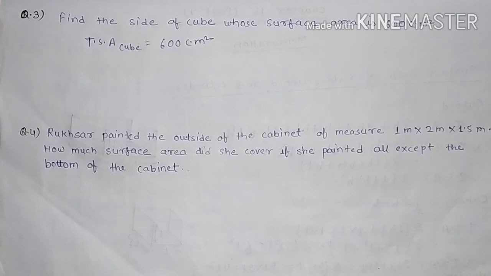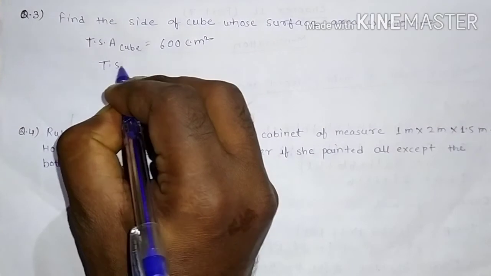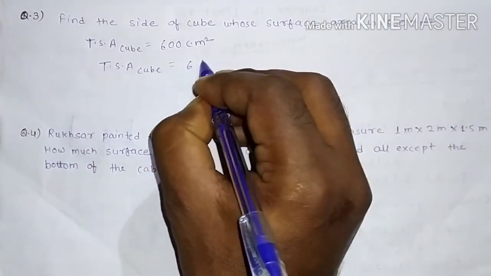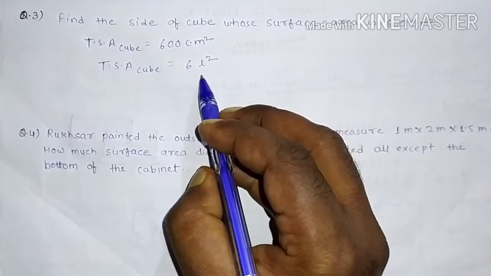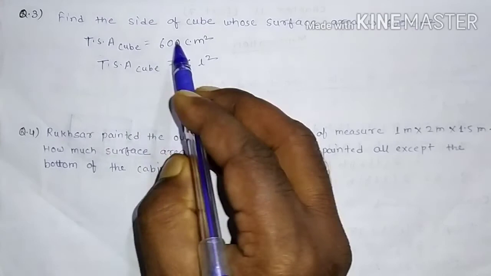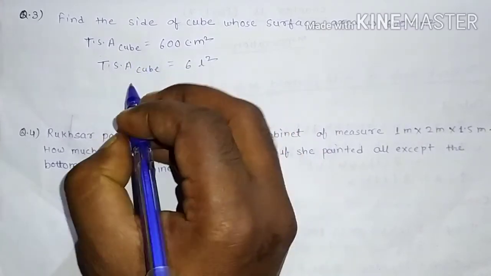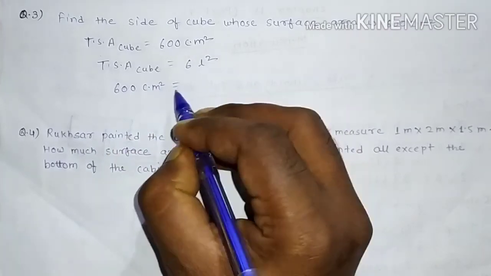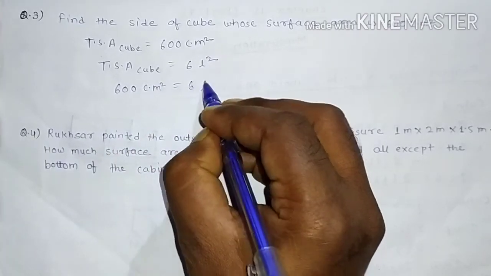Okay, so the formula of total surface area of a cube is, we know that, 6L square. L is the side over here. Okay, so total surface area of cube is given here 600 centimeter square. So just put here 600 centimeter square equals to 6, and this is L square.